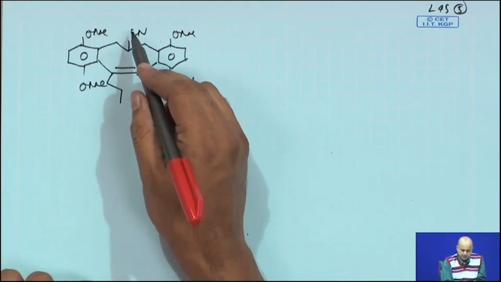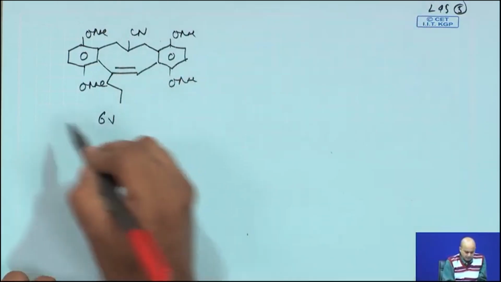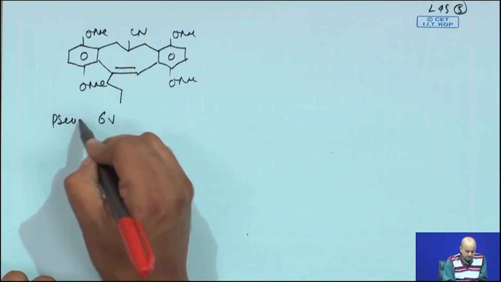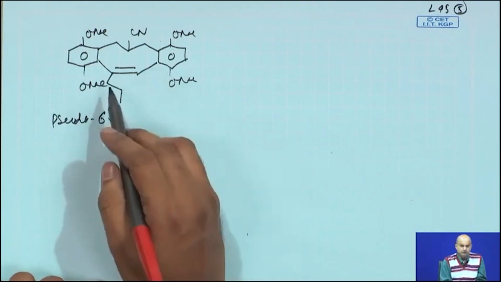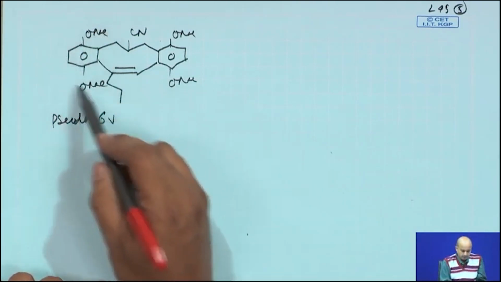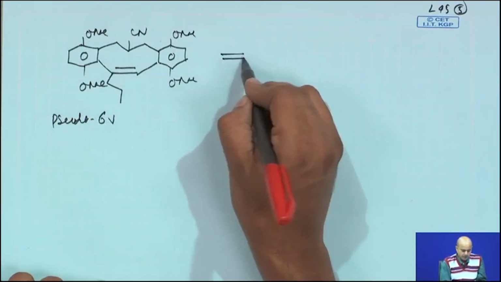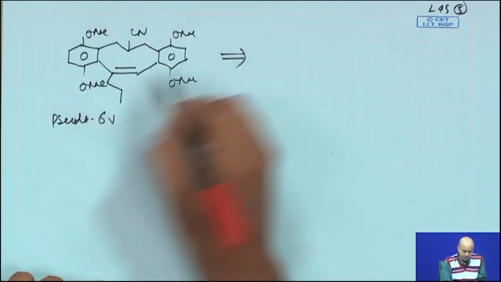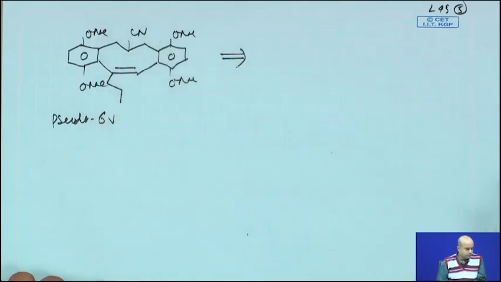Now, the earlier intermediate has pseudo sigma v, and this is also having pseudo sigma v. So, basically symmetry was kind of maintained, and this part is locally symmetrical, this part is pseudo symmetrical. This is basically a normal FGI. If you just reduce this double bond, you come to the earlier intermediate.